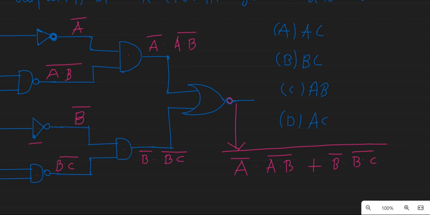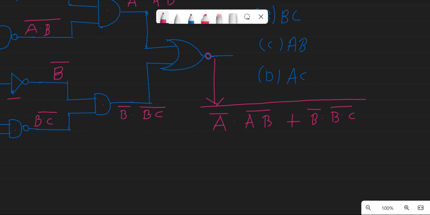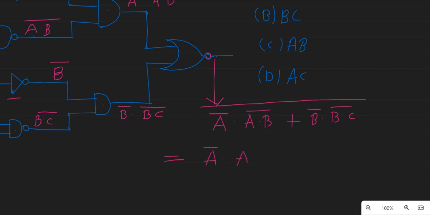Now I use the De Morgan principle or De Morgan theorem, you can say, from our elementary classes. So it will be A bar dot A dot B bar whole bar dot B bar dot B dot C bar whole bar.